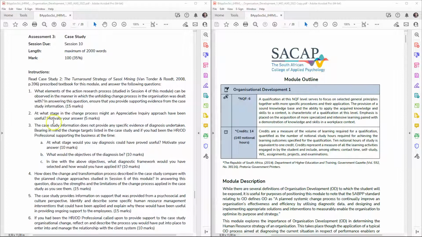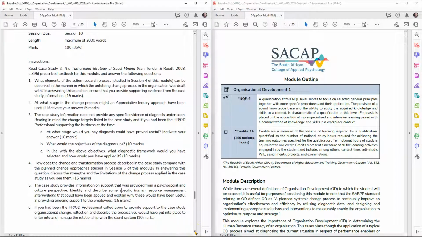The assessment instructions are that you should read case study 2, which is the turnaround strategy of Sasol Mining. It is in the textbook by Van Tonder and Rood on page 396, and then you should answer these various questions that I will get into now.